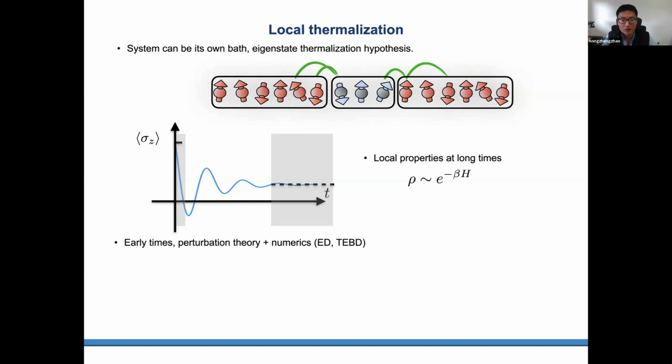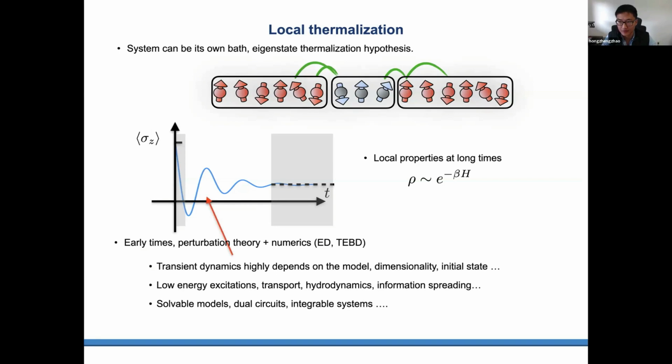However, we also care about the transient dynamics, which is much more complicated. Those transient dynamics highly depend on the model itself and the way that you couple the degrees of freedom, the dimensionality, the initial state, and so on and so forth.